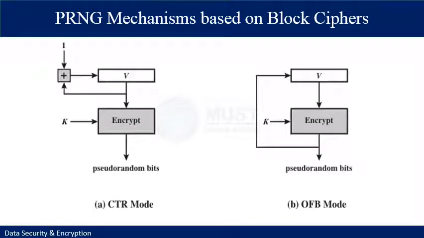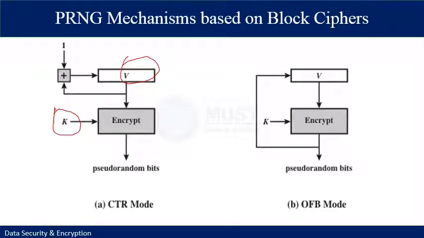This figure illustrates the two methods, and in each case the seed consists of two parts. The first is the encryption key and the second is a value V, and the V value is updated after each block of pseudo-random number generation. Thus, if you use AES with 128 bits, the seed consists of a 128-bit key and a 128-bit value.